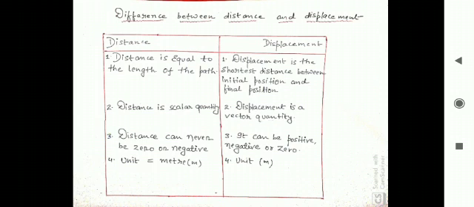Now the third point: distance can never be 0 or negative. If we add the entire path length, then obviously we will have some result for the distance. So distance can never be 0 or negative.